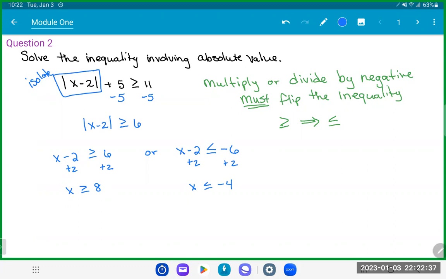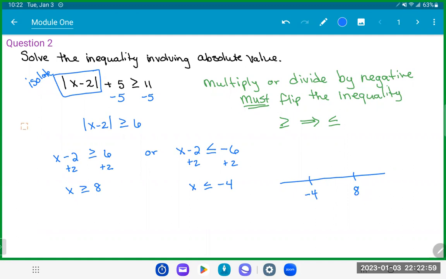For me, I find it easiest to write something in interval notation if I draw out a little number line. I'm going to put my two values on it: one is -4, and my other value is +8.